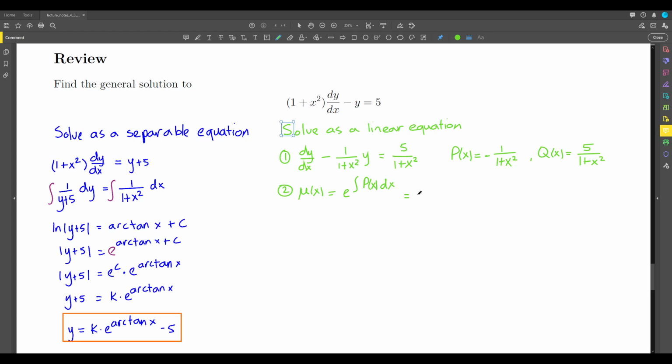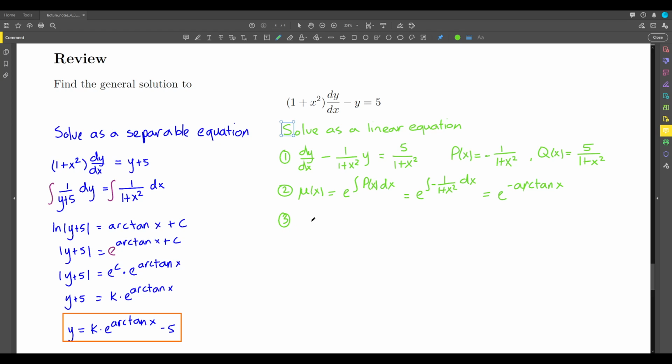And so that's e to the power integral of negative 1/(1 + x²) dx. And the antiderivative of 1/(1 + x²) is the arctan, and we have that negative in front, so that's e to the power negative arctan of x, and we don't worry about a constant of integration.